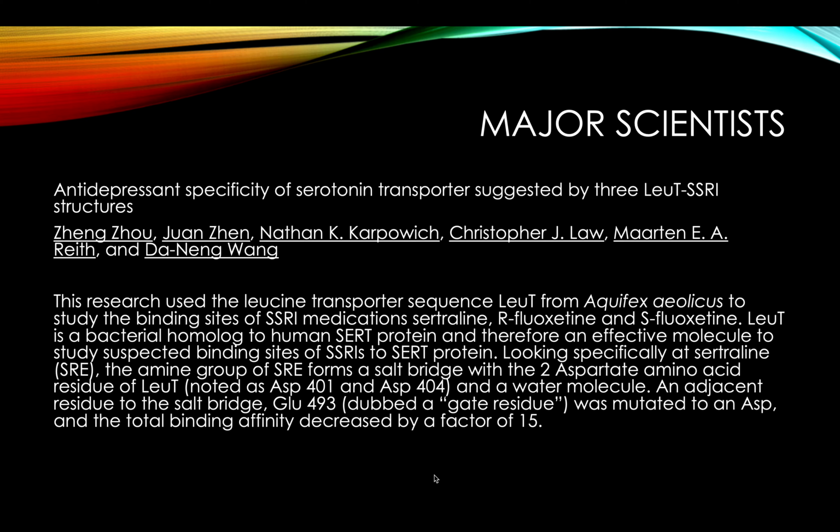And they did this in order to look at proposed binding sites for SSRI medications, sertraline, R-fluoxetine, and S-fluoxetine. As LeuT is a bacterial homologue of the SERT protein, it has very similar, if not identical, amino acid residues, which makes it an excellent model for studying the binding sites for these SSRIs.